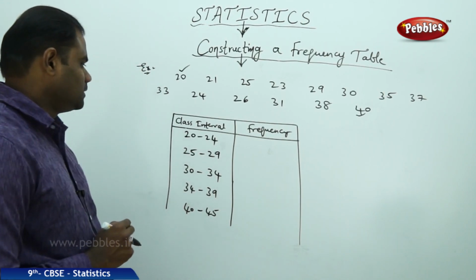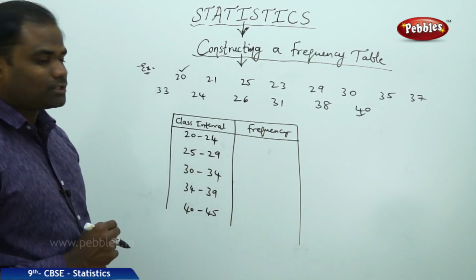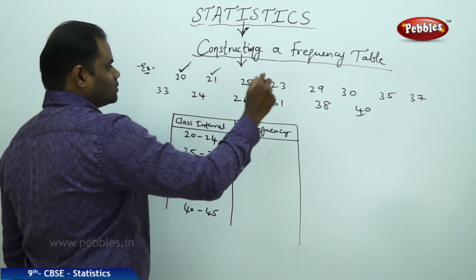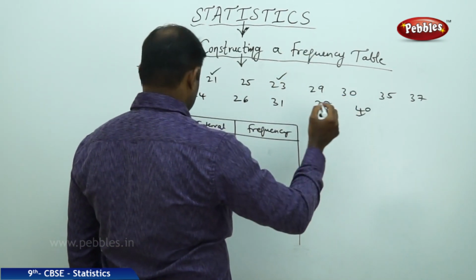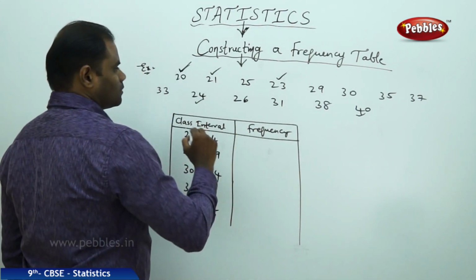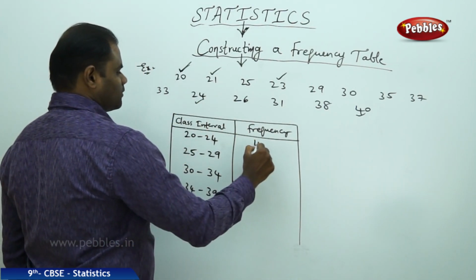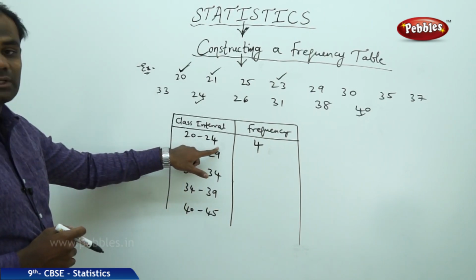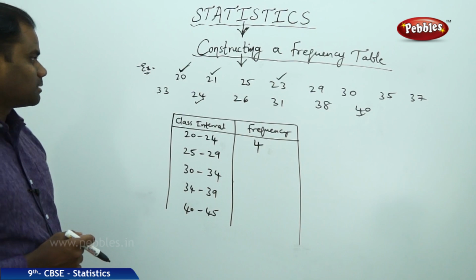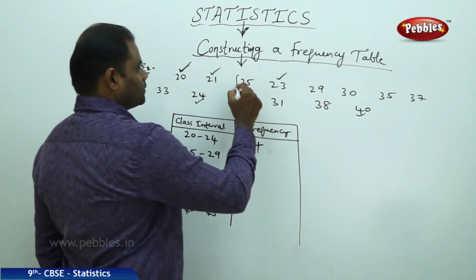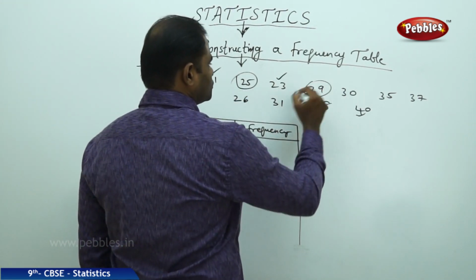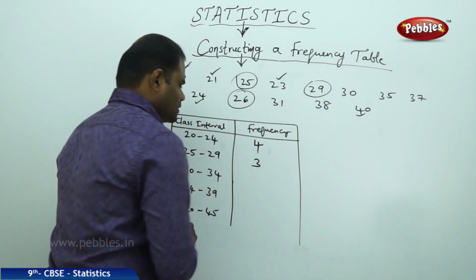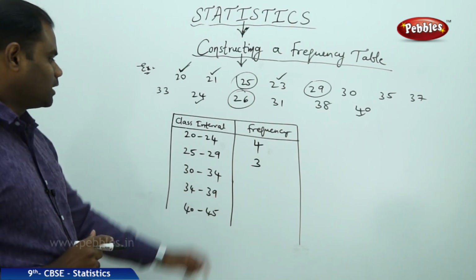So here, let's imagine the values which are between 20 and 24 are 20, 21, 1, 2, 3, 4. That's it. So my frequency is 4. That means there are 4 numbers which lie between 20 and 24. Next comes 25 to 29. 1, 2, 3. So my frequency is 3. That's how we get it.